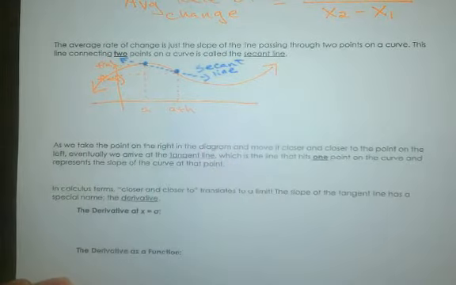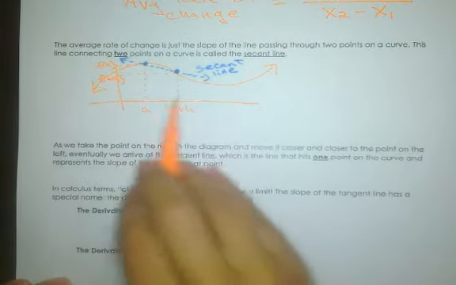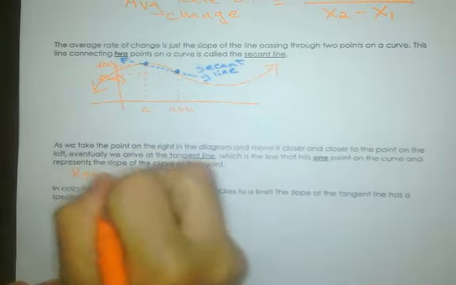If we only had 1 point, an instantaneous rate of change, how would you find the slope? The answer is by taking that h distance and moving the points closer and closer together. This is a key part, so I'm going to mark that down here.